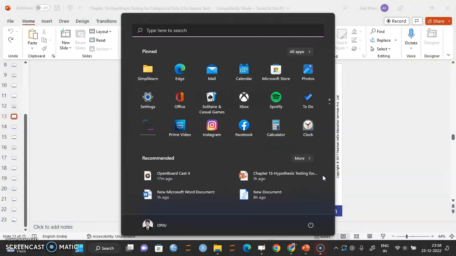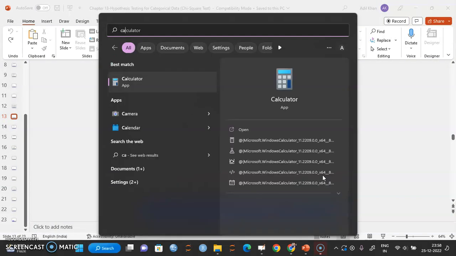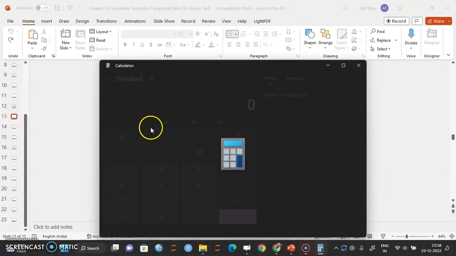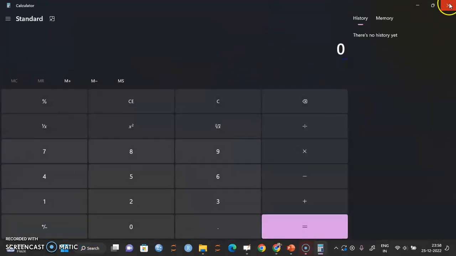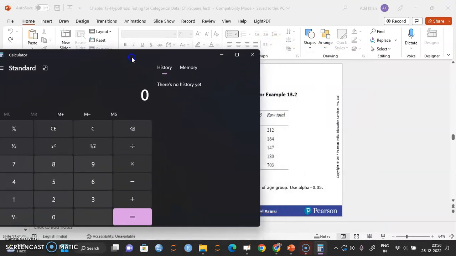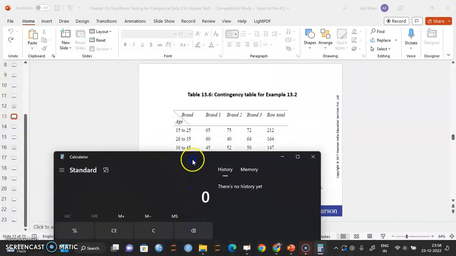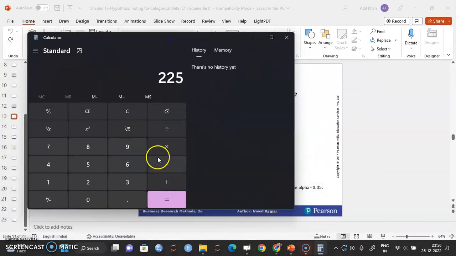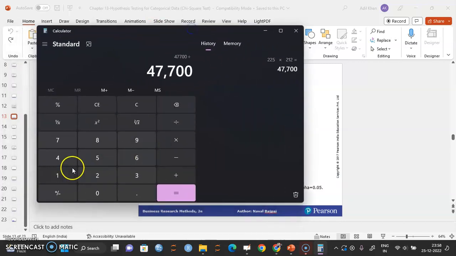Let me do this calculation on the calculator. We multiply 225 into 212, and then divide this by 703.